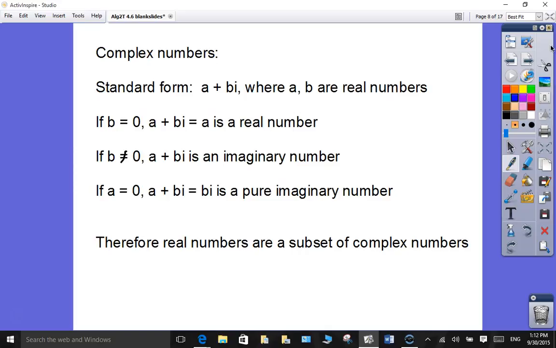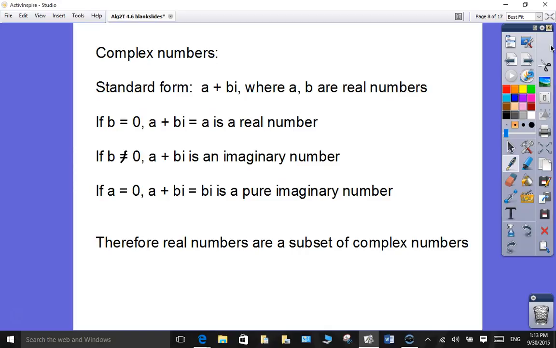Now, if A equals 0, then it's all BI. There is no real term. It's only an imaginary term, and that's called pure imaginary. So you could say the ones that we did on the last two slides were pure imaginary. There was only one term, and it had an I in it.